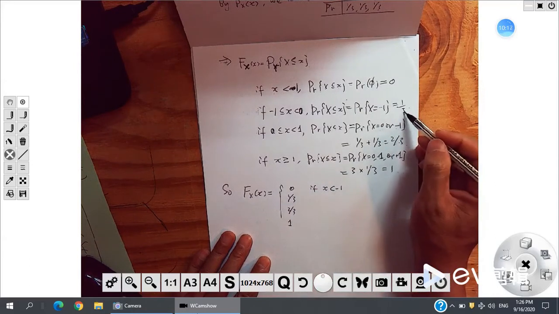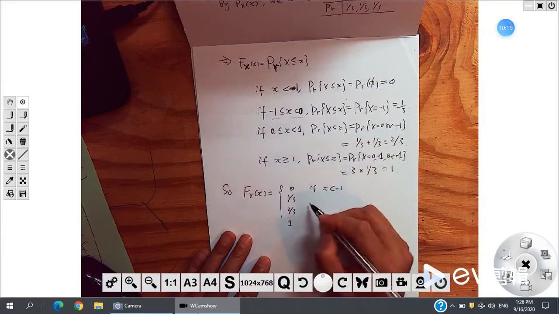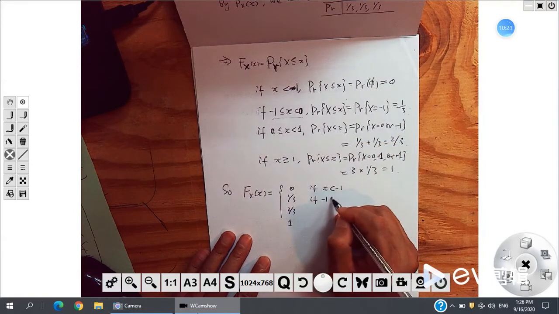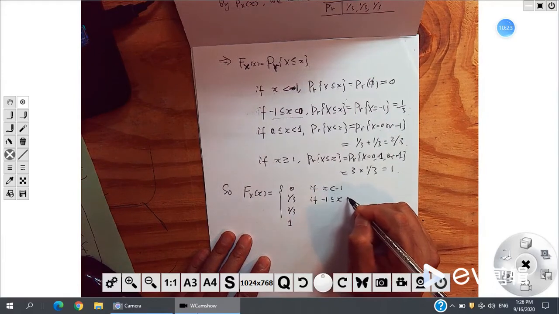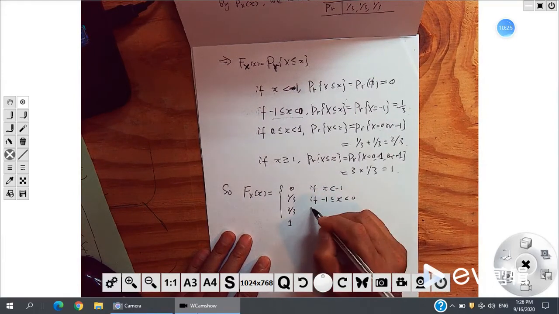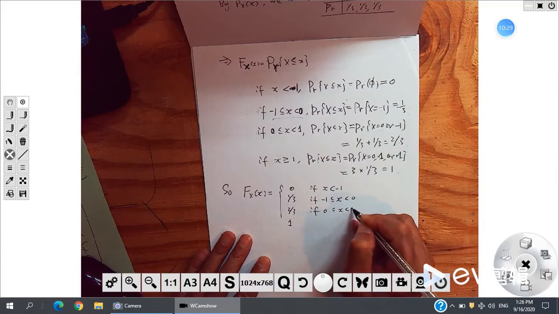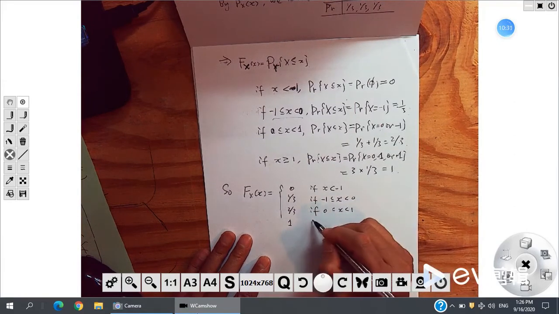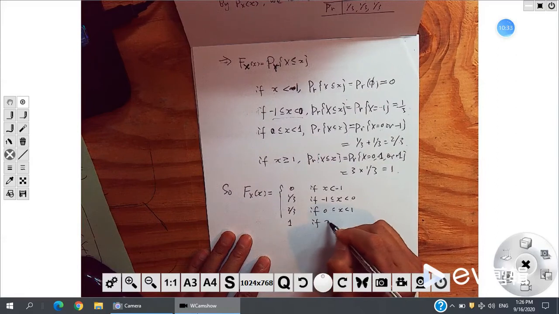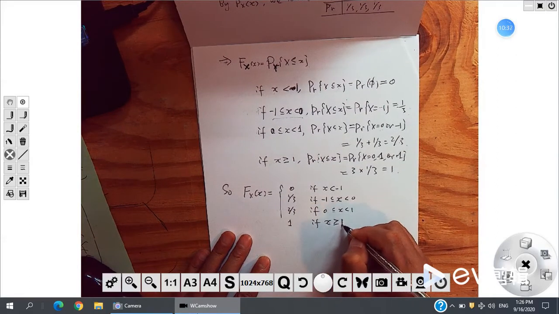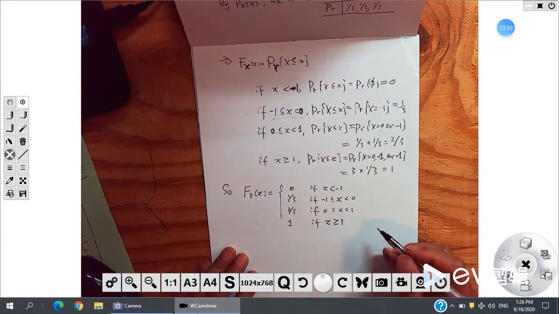And 1/3 if -1 is smaller than or equal to x, x smaller than 0, then 2/3 for x between 0 and 1, including 0, and finally 1 if x is larger than or equal to 1. Okay, so this is f X.